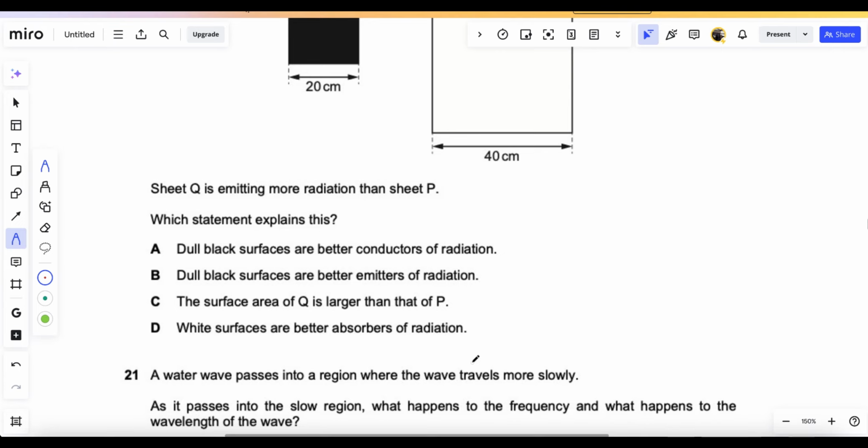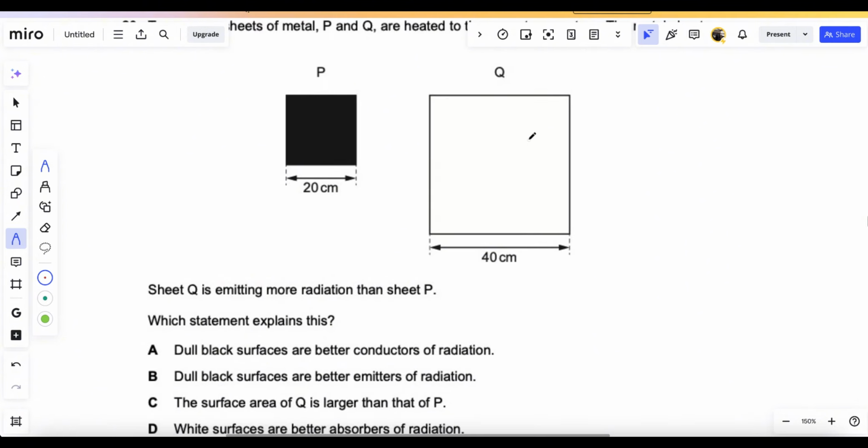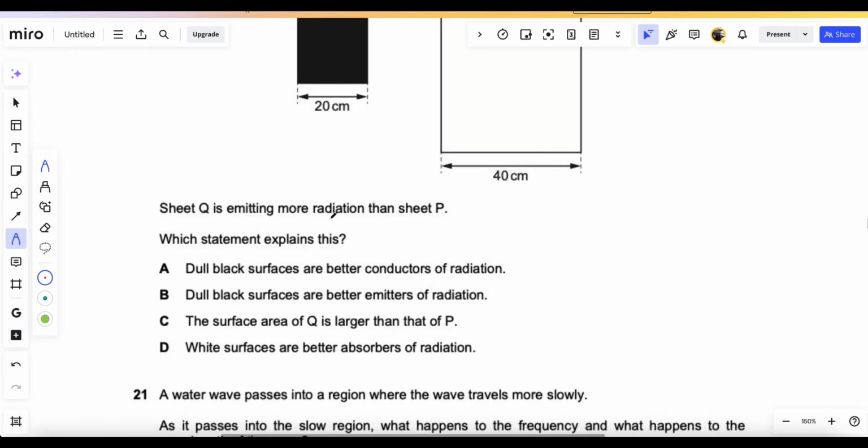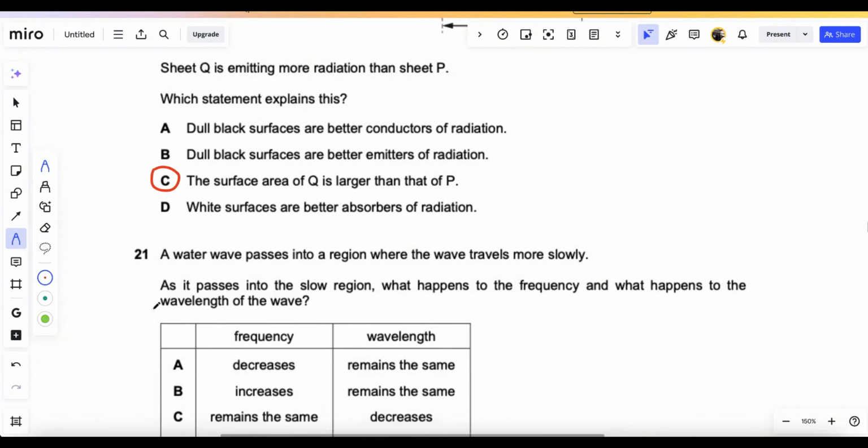Dull black surfaces are better emitters of radiation. The surface area of Q is larger than that of P. Yeah, this is obviously the reason why this is emitting more heat. The surface area of this is way larger. If they were equal in surface area, this one would emit more. So we go for option C as our answer. Is that okay?